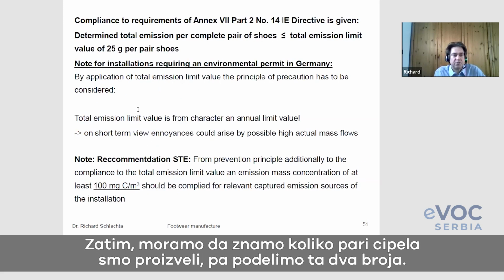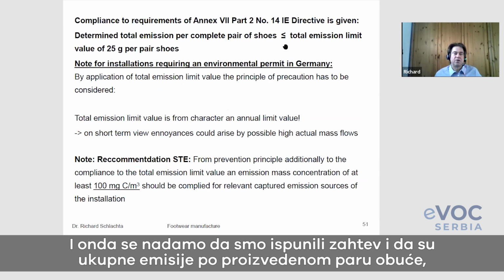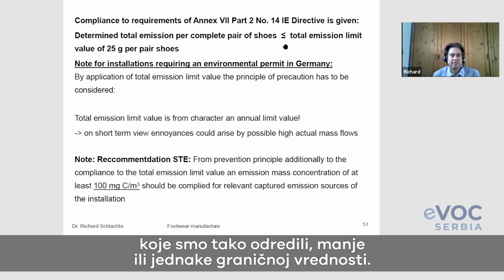Then we need to know how many pairs of shoes we have produced, and then we divide this total emission by the total produced pairs of shoes in the time period. Yes, and then we can see if we comply, if our determined total emission per complete pair of shoes is equal or less than the limit value.